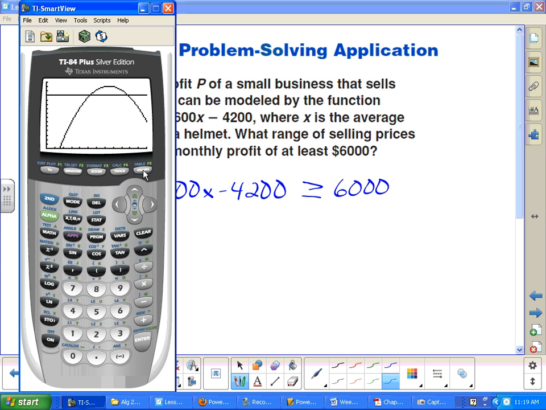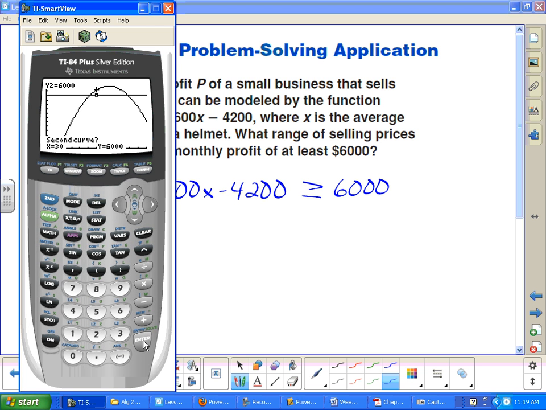Okay, so we need to find both of these spots where these lines intersect so that we can figure out what the lowest prices are and the highest price is for getting $6,000 of profit. So second trace for our intersection points, number 5.